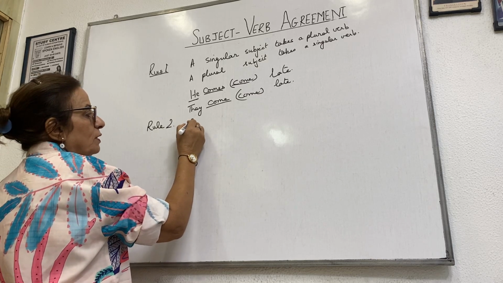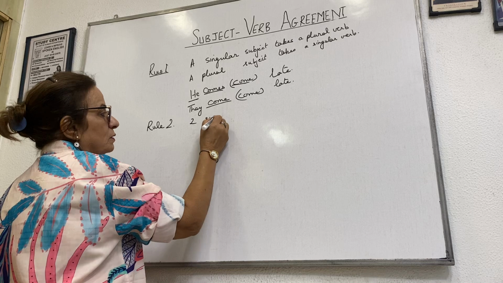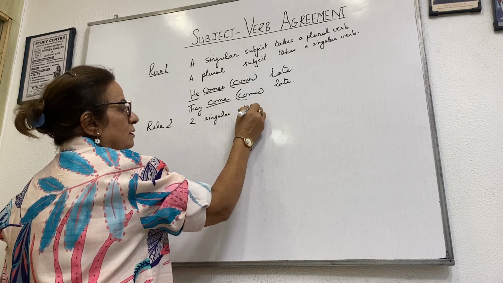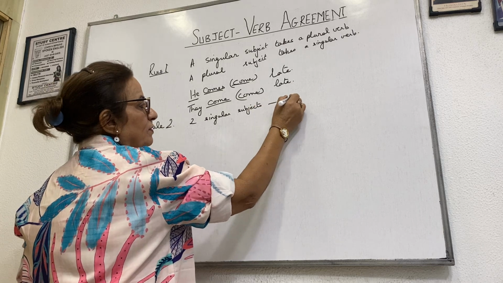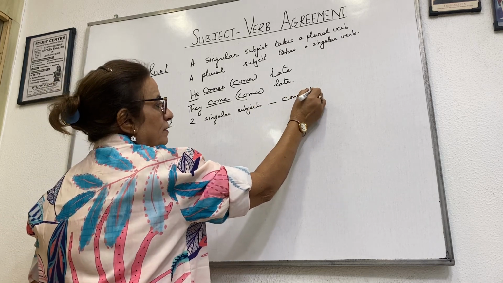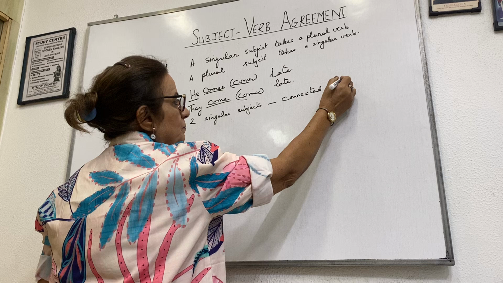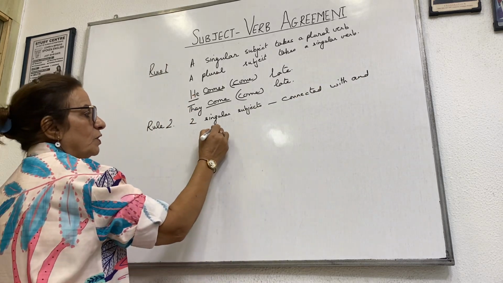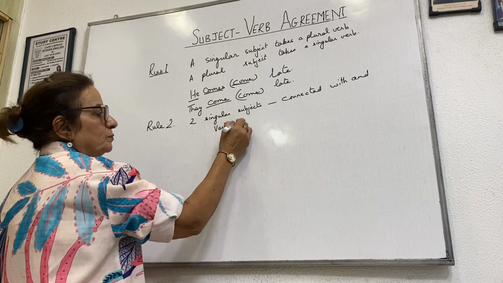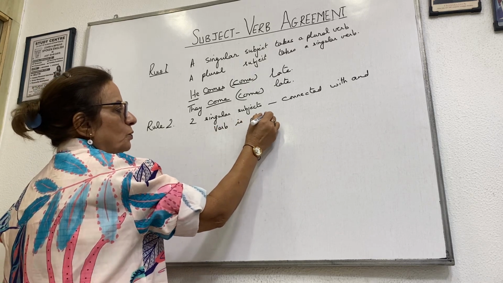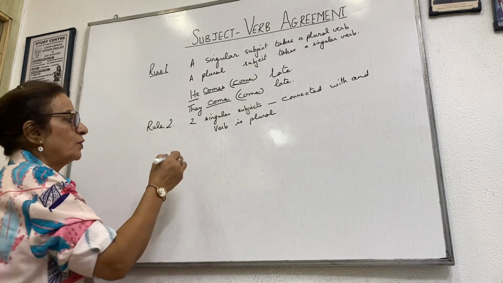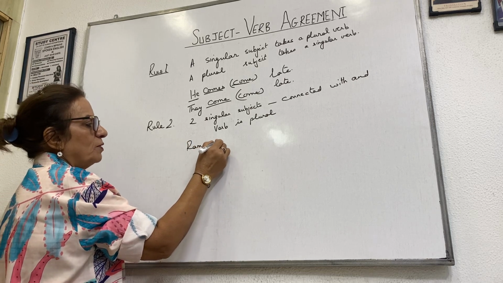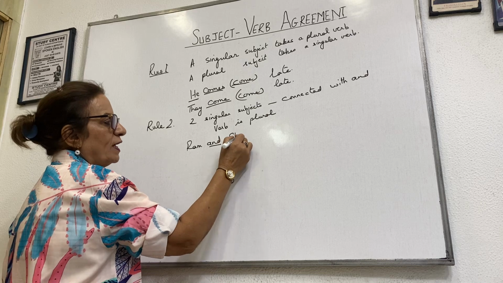Rule 2. When two singular subjects are connected with and, then the verb is plural. This we all know. For example, Ram and Shyam. I am connecting with and.